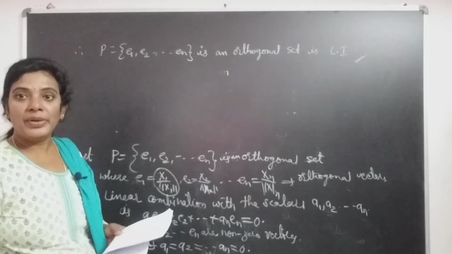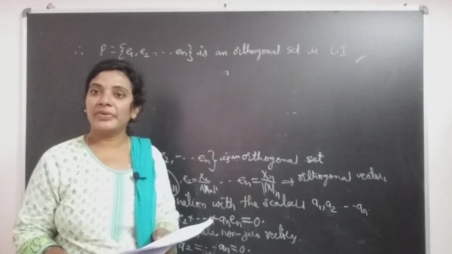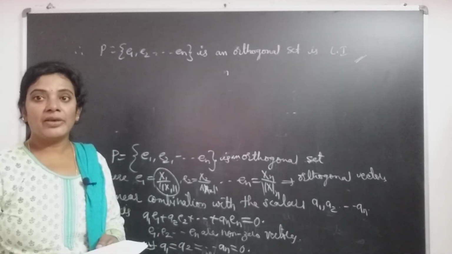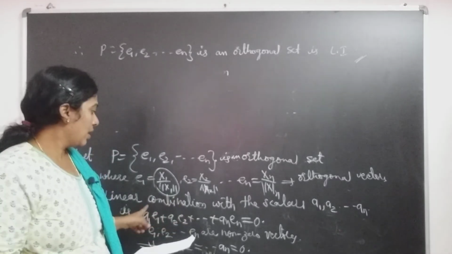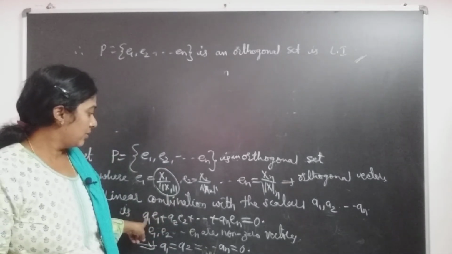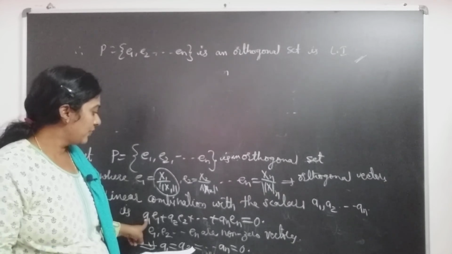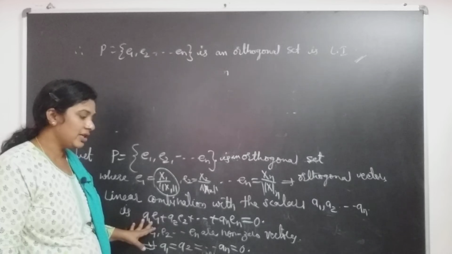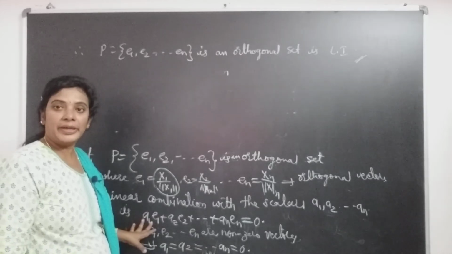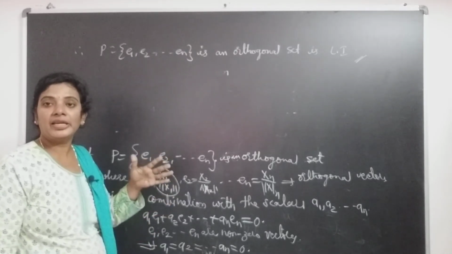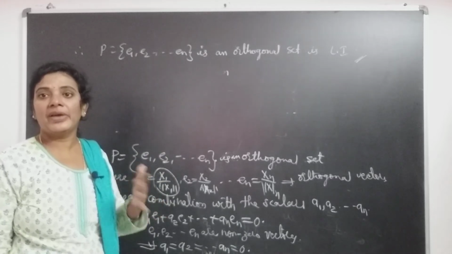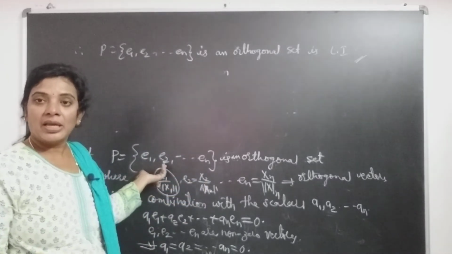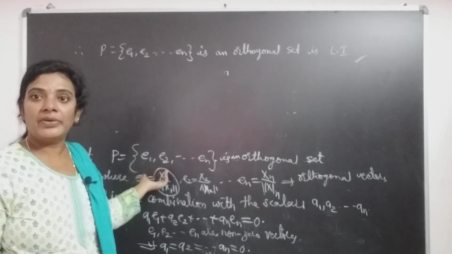Then take the combination of however many vectors we have in the orthonormal set, and the combination of those vectors and scalars is equal to 0. This is the condition for linear independence. In that we prove that each and every scalar in the combination of these vectors should be equal to 0.